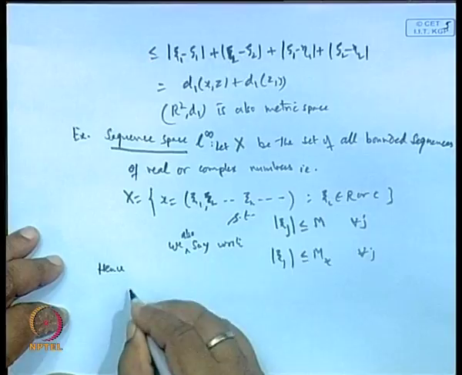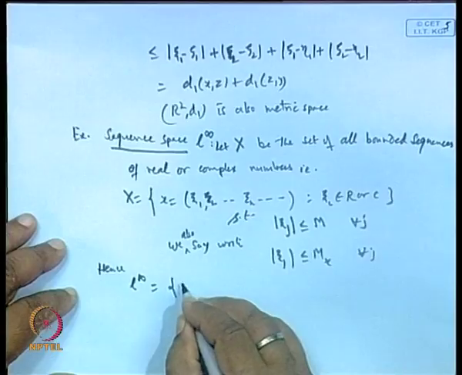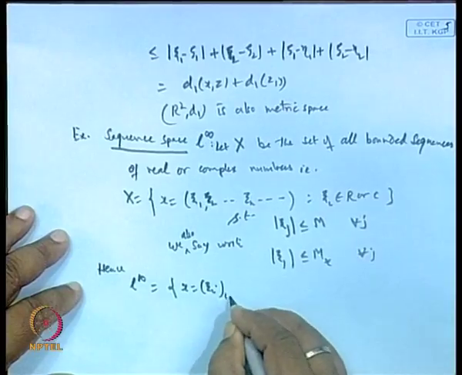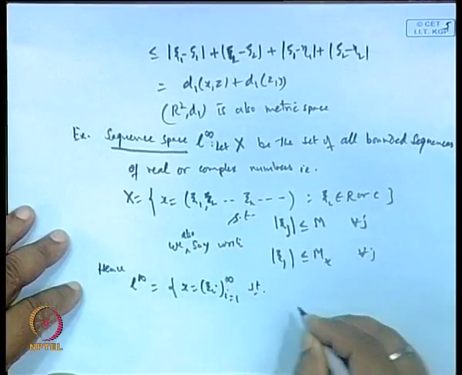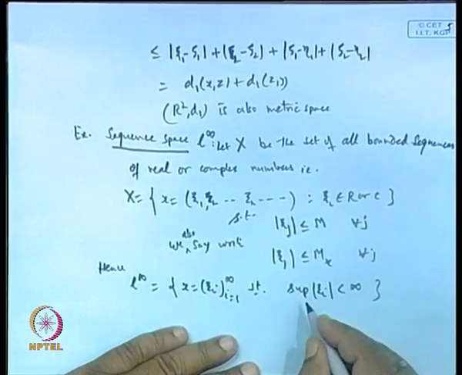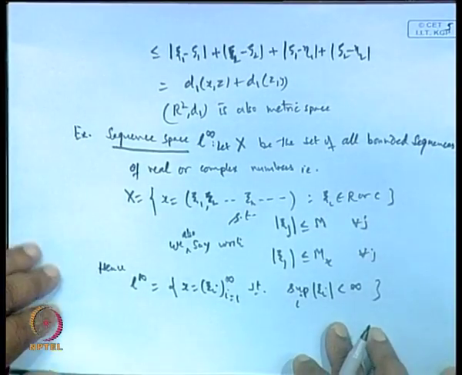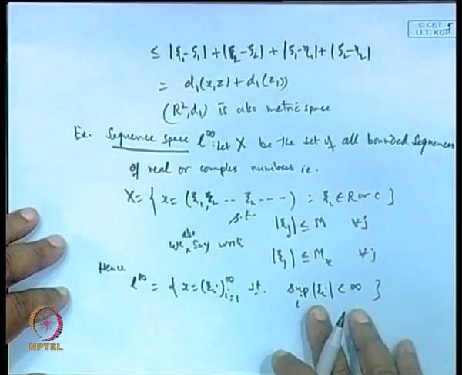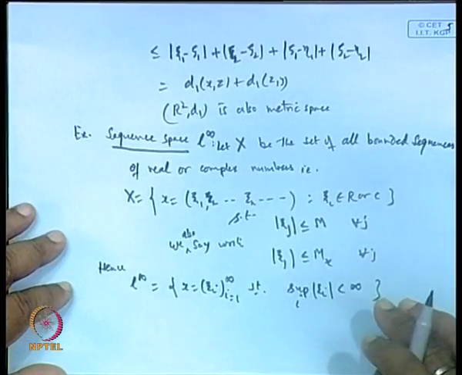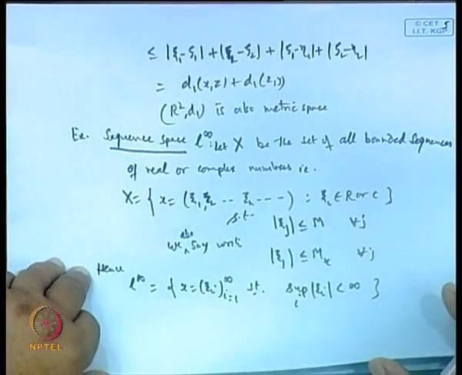Hence, L infinity is basically the set of all bounded sequences (xi_i), i from 1 to infinity, such that the supremum over i of mod xi_i is finite. Supremum means that if the supremum is m, then all the terms of the sequence are less than or equal to m, and if we take a number slightly less than m, then there are terms which violate the condition, that is, greater than m minus epsilon. So, this is the definition of L infinity.